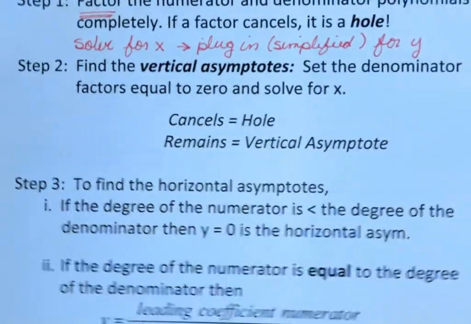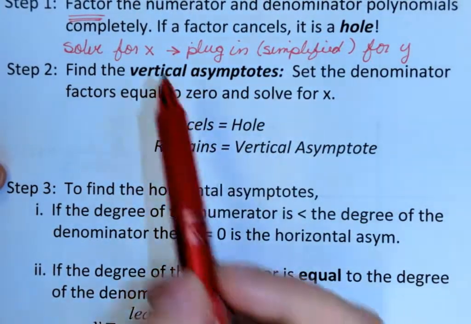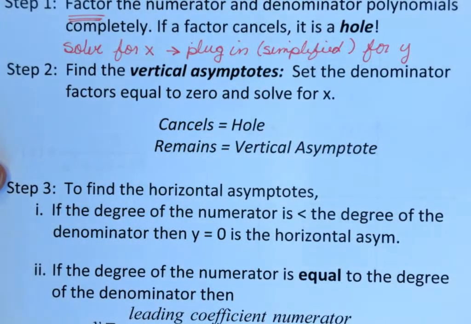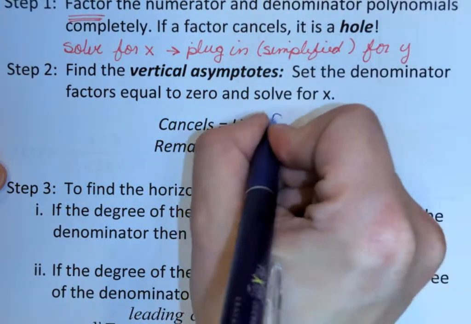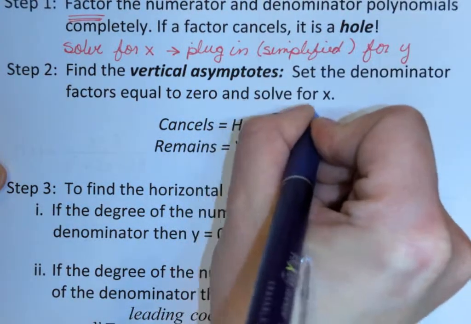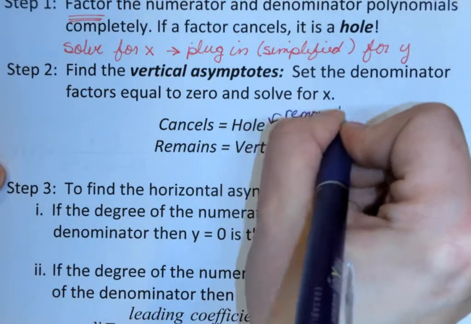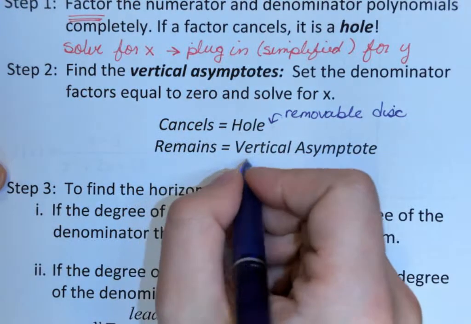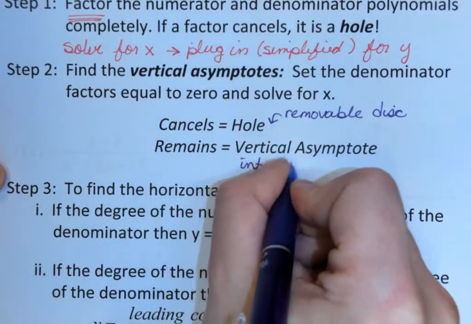Now, if it doesn't cancel out and is left in the denominator, that's going to be your vertical asymptote. So if it cancels, it's a hole, that's a removable discontinuity, and if it remains, it's a vertical asymptote, and that's our infinite discontinuity.